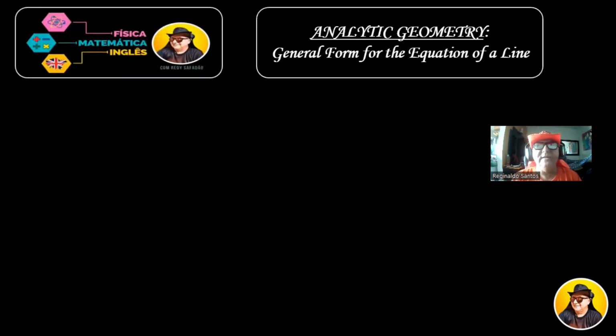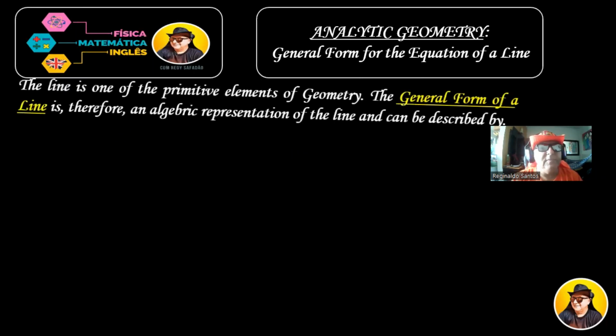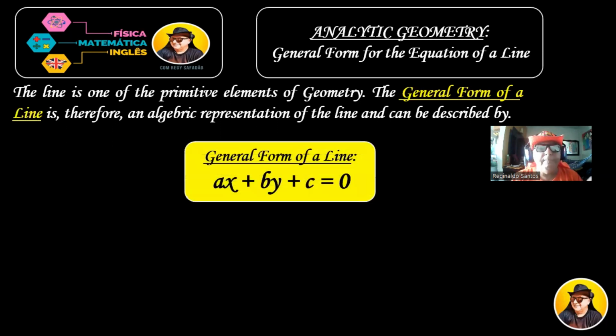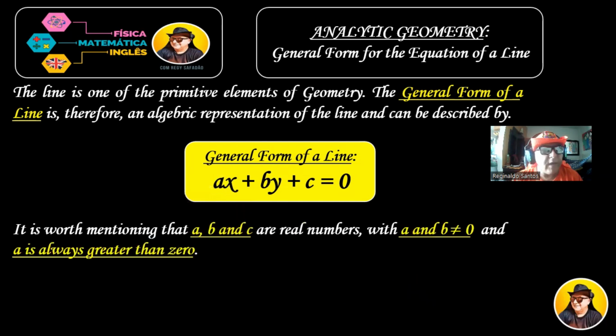Now let's see the general form of the equation of a line. The line is one of the primitive elements of geometry. The general form of a line is an algebraic representation of the line and can be described by ax plus by plus c equals 0.